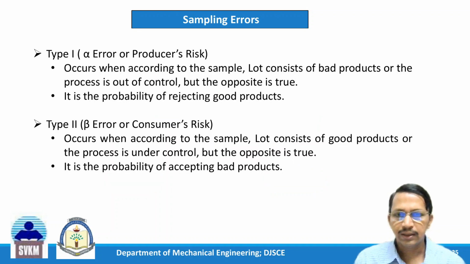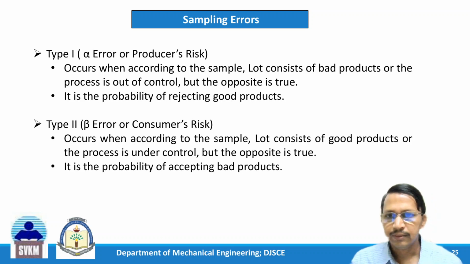Now what are the sampling errors? Sampling is definitely associated with probability, and probability means it is a chance phenomenon, and errors or risks are associated with these things. Type 1 error is also called alpha error or producer's risk. It occurs when, according to the sample, the lot consists of bad products or the process is out of control, but the opposite is true.